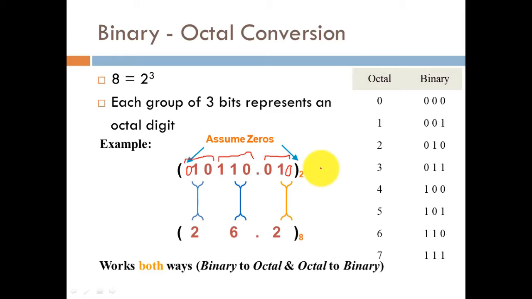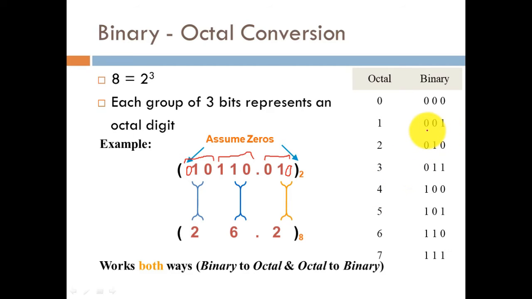The process is quite simple. We only need to group the bits into blocks of 3 bits, and then write down the octal representation of each group of binary bits. So suppose we get the group 100, then its octal representation is 4.